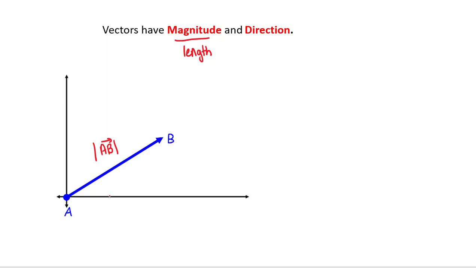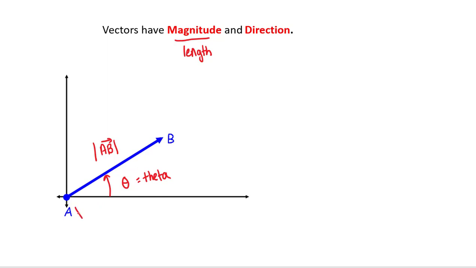And then they have a direction, so coming up from the positive x-axis, they're going to have some direction. That's a Greek letter called theta, which is often what we use for an angle in mathematics. So they have a magnitude, a length, and a direction.